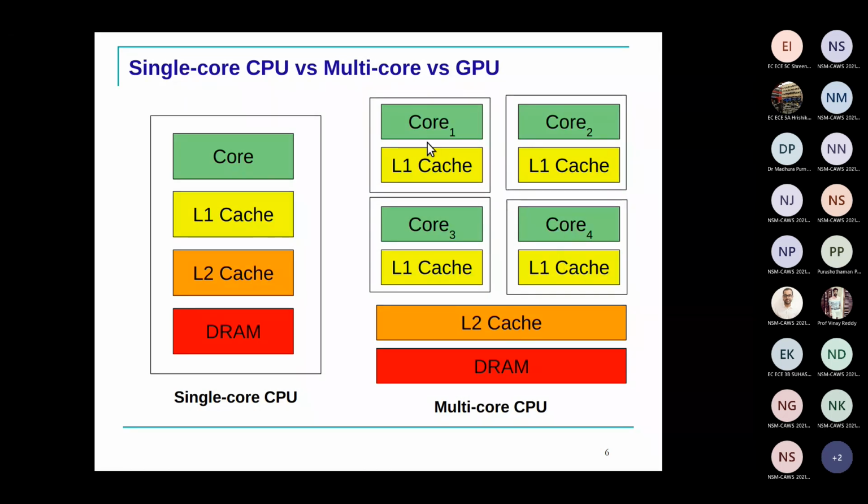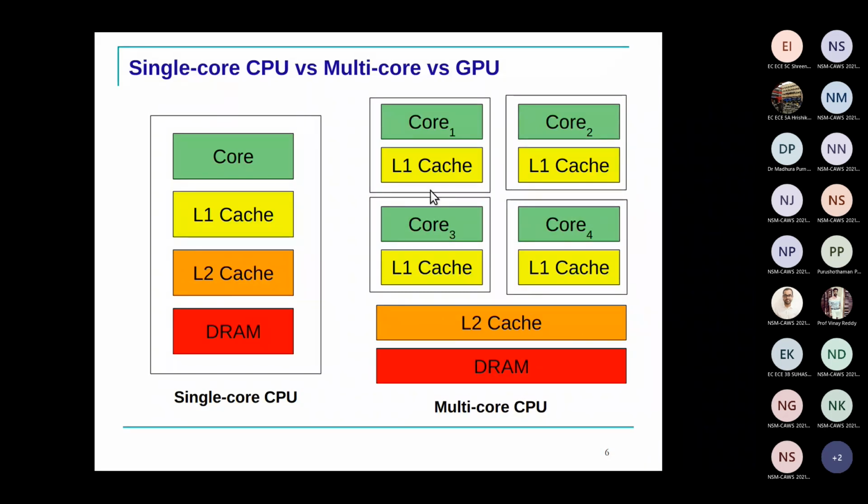Each processing core is associated with an L1 cache, or you could also have an L2 cache. Then you have a common next-level cache, and then DRAM. This DRAM and the last level cache can be accessed by any of the processing cores.